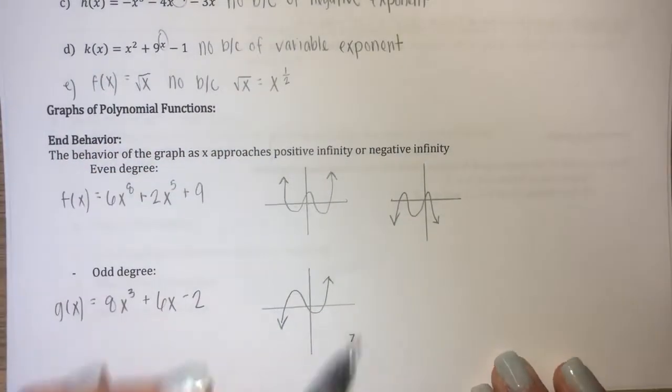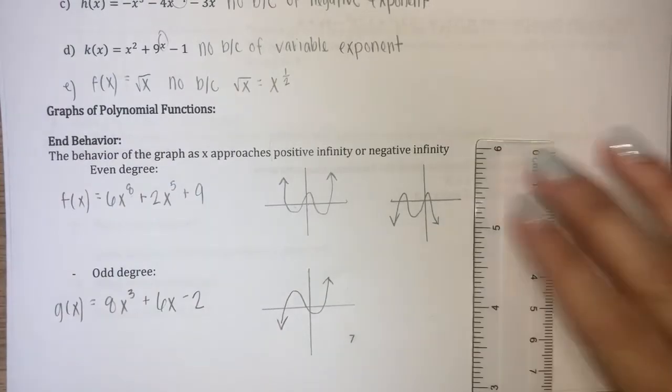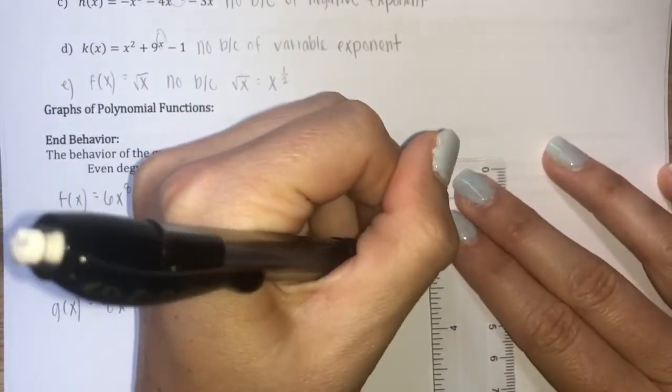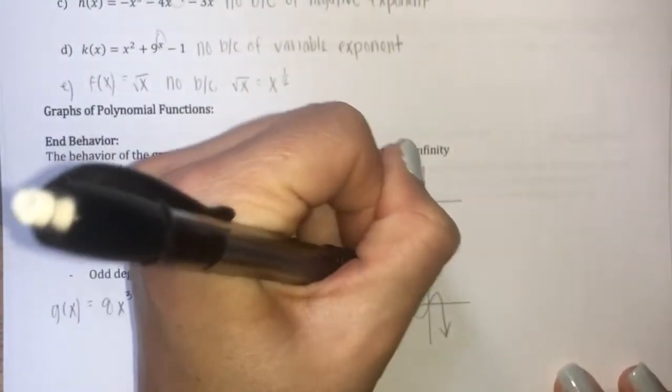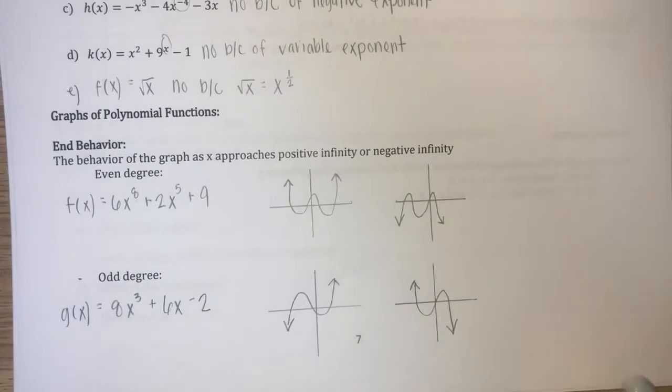You may have some twists and turns and changes of direction along the way, but it will for sure end going in different directions. So key takeaway here: even degree finishes both going up or both going down, while odd degree will go in different directions.